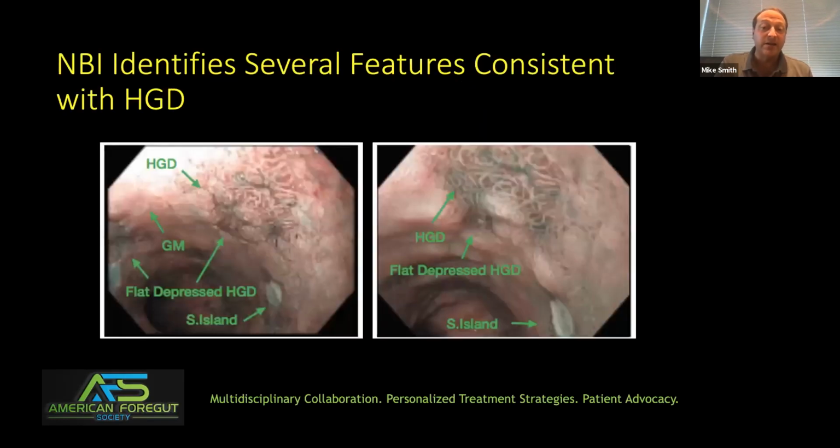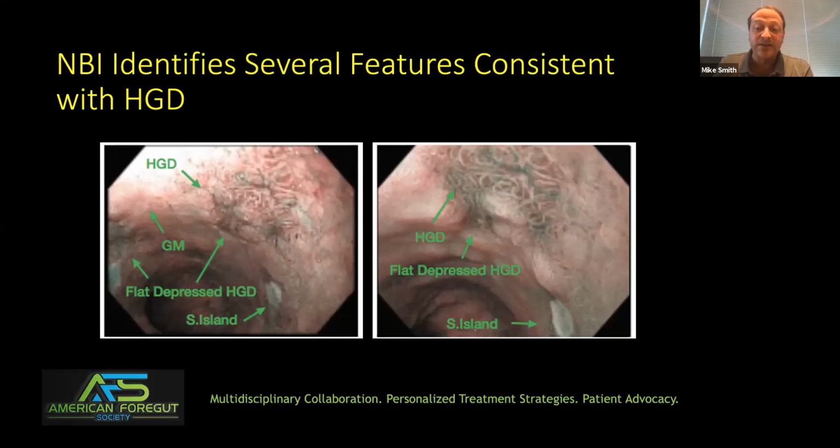more subtle findings that come out when you have close inspection with narrowband imaging, where you've got a very abnormal topographical pattern, almost like cobblestones, in an area of high-grade dysplasia. In fact, there's an area of flat, depressed high-grade dysplasia, which is even more concerning, that you really can't see on the white light image but is brought out very nicely by the narrow band.